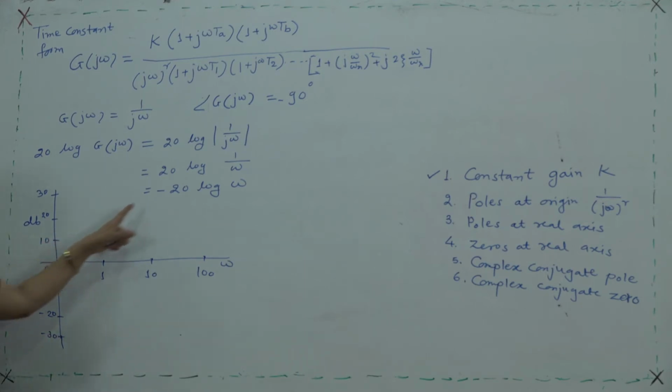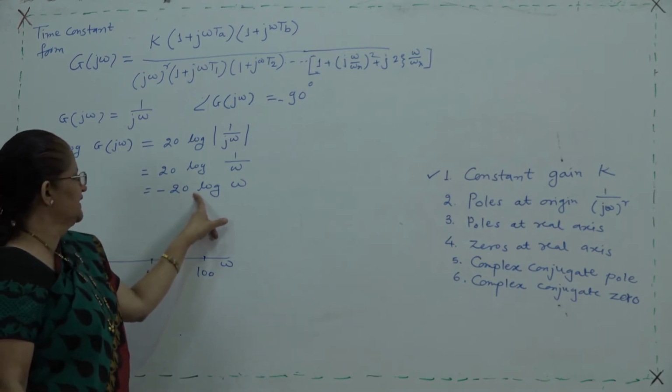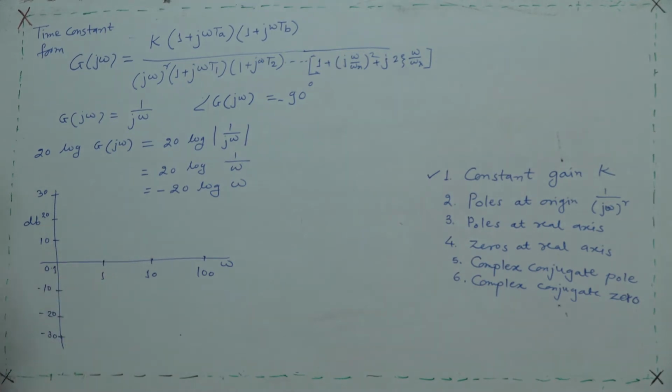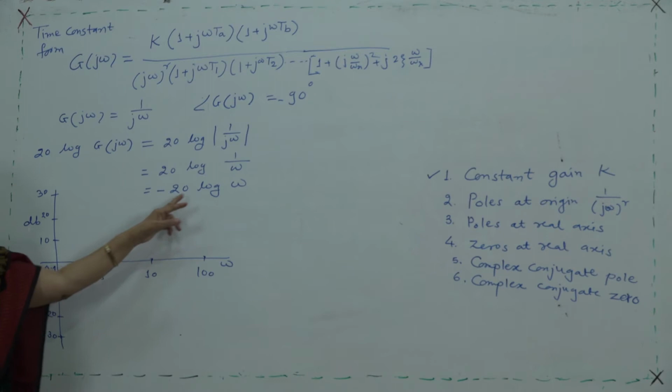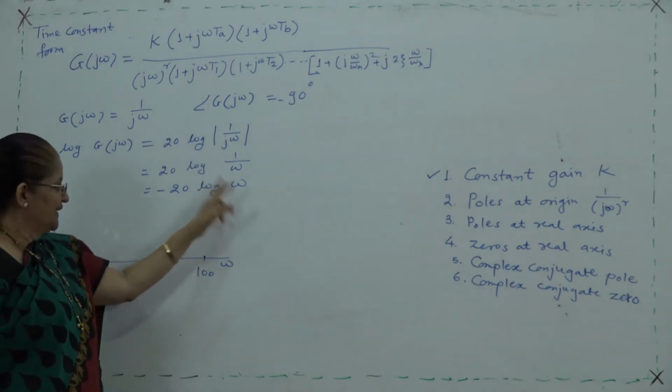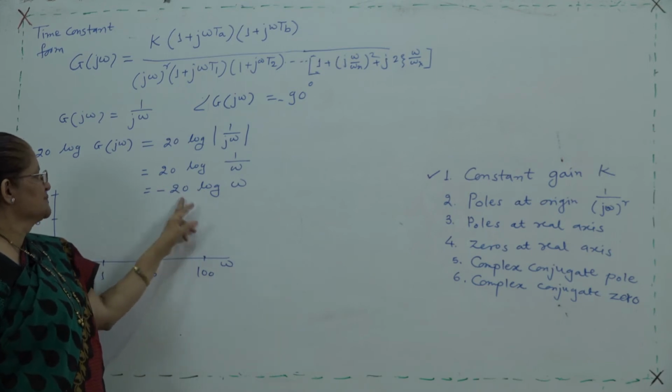See, the line required is minus 20 log of omega. So, how will you draw it here? We will consider the change in omega is 1 decade. So, if it is 1 decade, meaning omega 1 is 1, omega 2 is 10. How much change will you get? Log of 10 is 1 and this is minus 20.